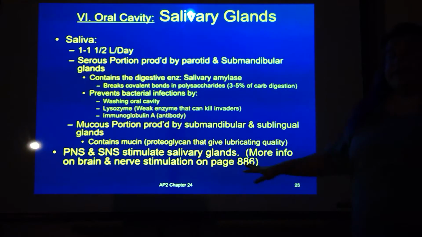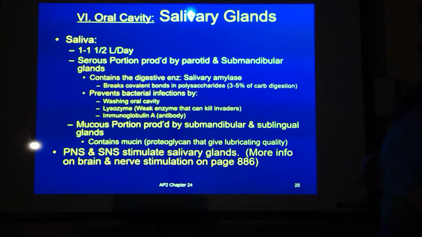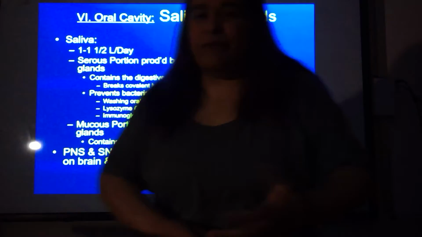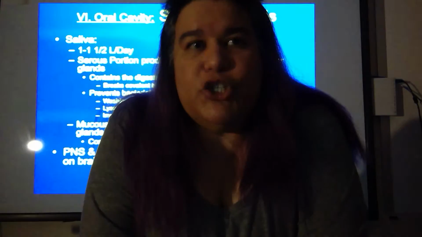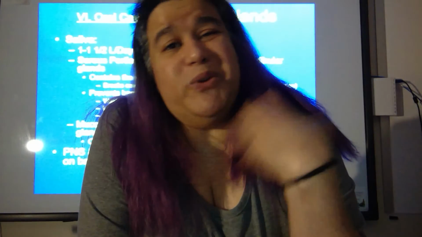Now, your parasympathetic and your sympathetic nervous system will stimulate the salivary glands. If you want more information on that, you can get more information on that. But pretty much, if I'm running away from a predator, I'm probably going to be producing more of a mucus saliva.